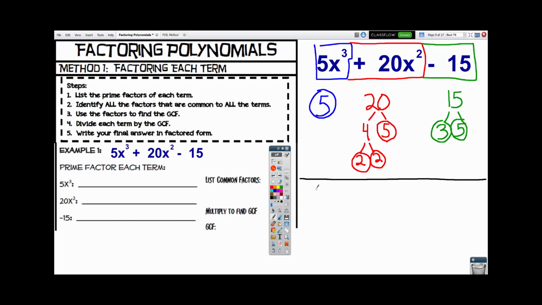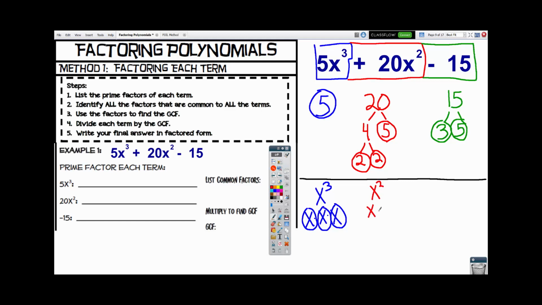Okay, so the blue, we have x to the power of 3. Written in expanded notation, that would be x times x times x. Okay, and we circle them. Okay, for our second term, x to the power of 2.